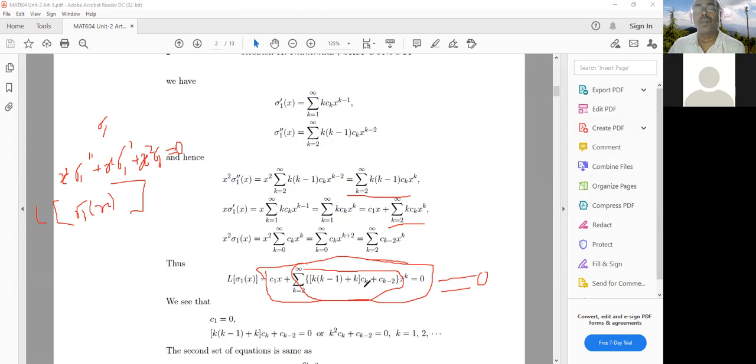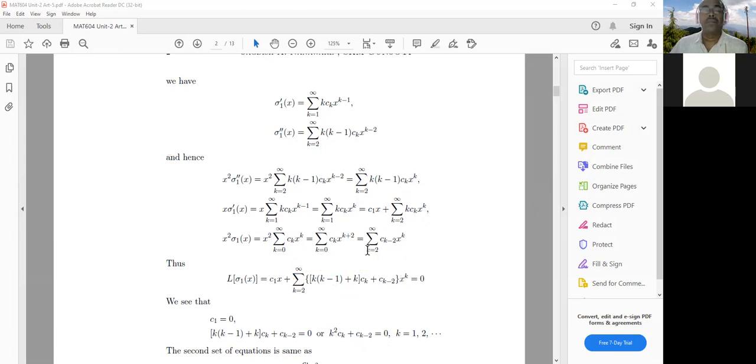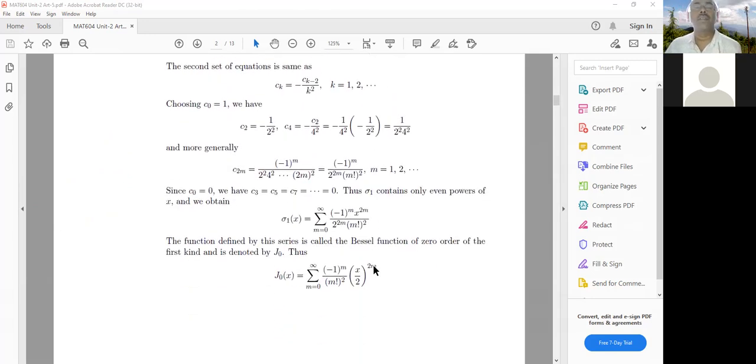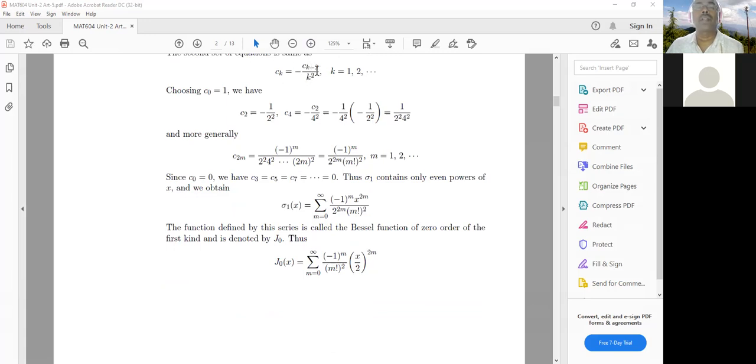This coefficient must be 0, and if you solve this further, you will see that this is a quadratic expression where this coefficient is 0, and from this equation you will be able to find any value of the constant Ck. So see the relationship between Ck and Ck minus 2. So this Ck is minus Ck minus 2 divided by k square. So by choosing C0 is 1, you can have the value of C2, C3, C4, and so on.